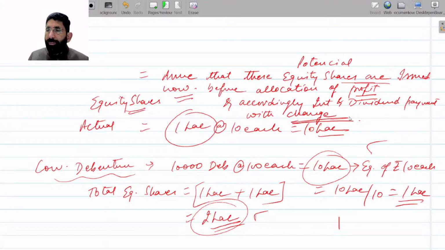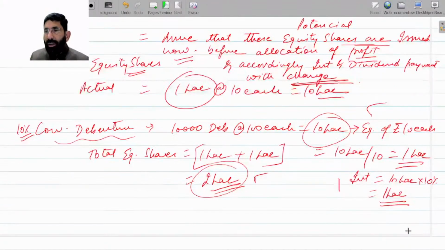That means if these are 10% debentures on which we are giving interest of rupees 10 lakh into 10%, that is 1 lakh. We are giving interest also. If these are debentures, we are also giving them interest.